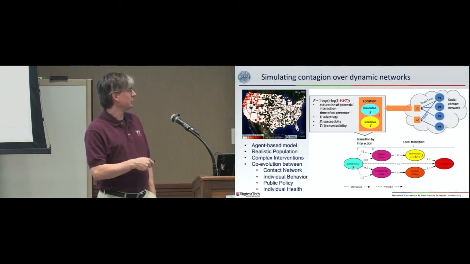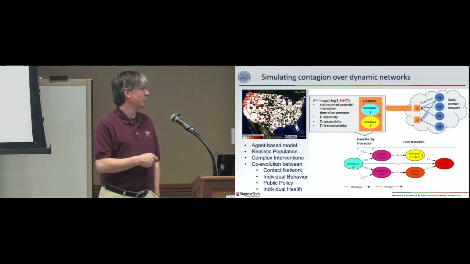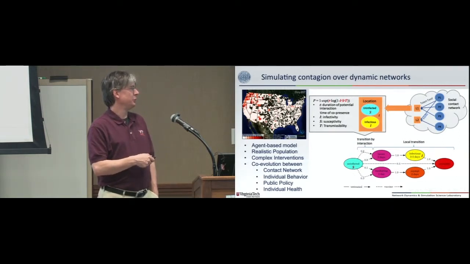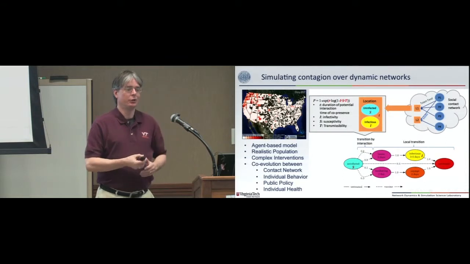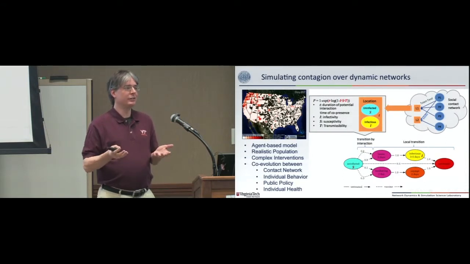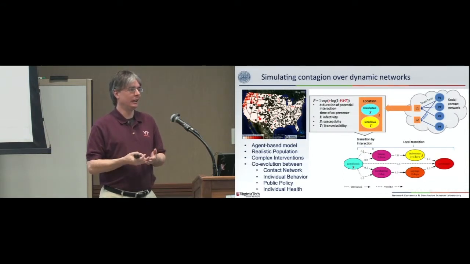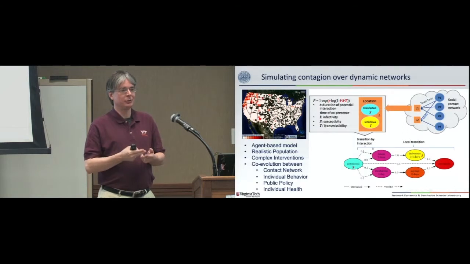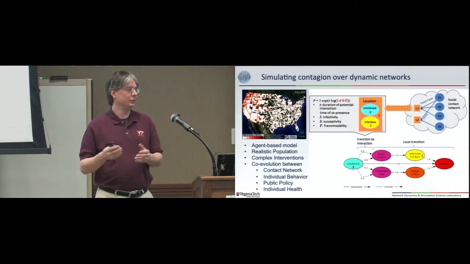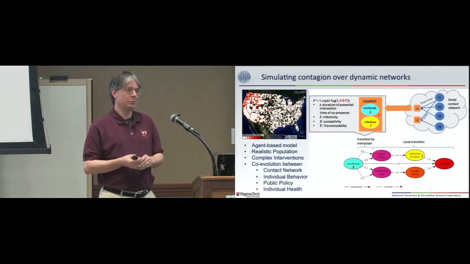So what we're doing, so this is an agent-based model, obviously. We have a realistic population. We do complex interventions. So in addition to the simple things like vaccination and school closure, work closure, we can do things like a certain fraction of the population, when they get diagnosed, will start taking Tamiflu, which reduces their infectivity to the rest of the people.